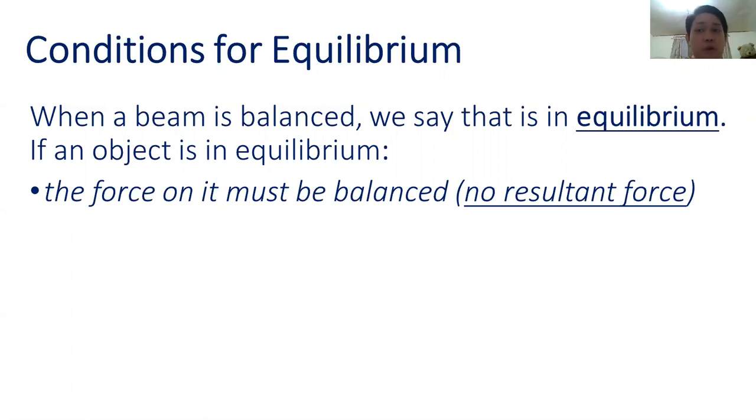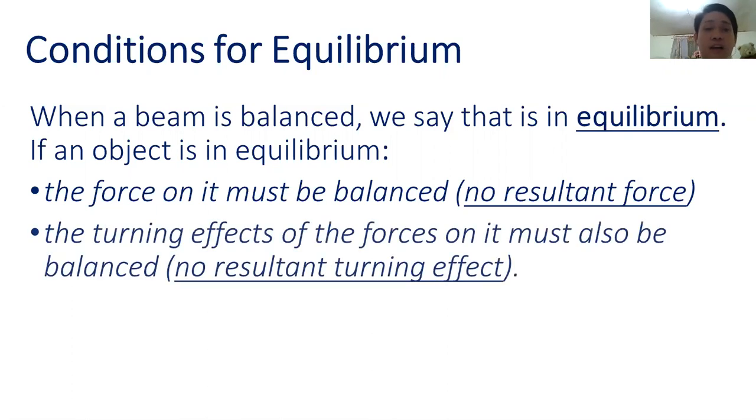Another thing we have to remember is that once an object is in equilibrium, the turning effects of the forces on it must also be balanced. In other words, there is no resultant turning effect.